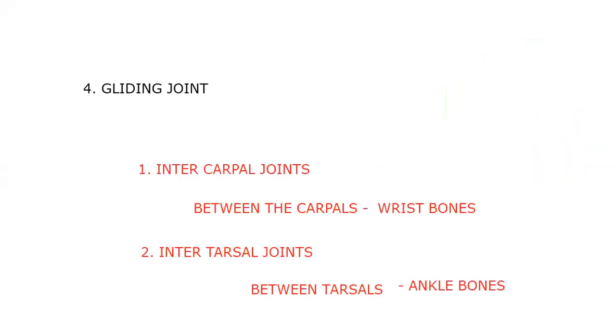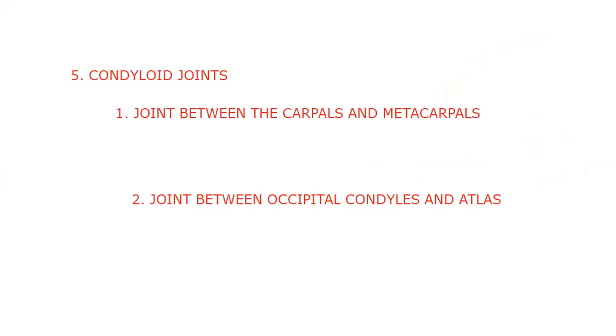Next, the gliding joint: intercarpal joints between the carpals or wrist bones, and intertarsal joints between the tarsal ankle bones. The fifth one, the condyloid joint: between the carpals and metacarpals, and between the occipital condyles and atlas. Then the saddle joint: the joint between the carpal and metacarpal of the thumb. So that's it, these are all the joints here.